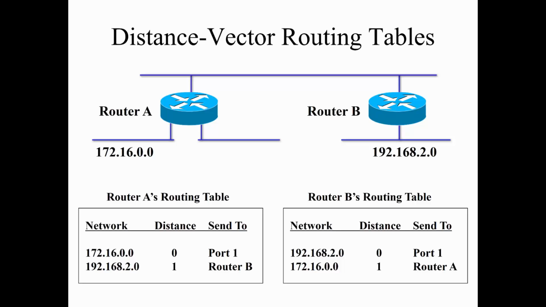It also realizes that it's going to go out port 1. If we want to go to 192.168.2.0 as the network, we're going to send it to router B. Normally it's not quite send to router B, it's going to be send to the appropriate IP address for it, but that was just so that you can understand it.